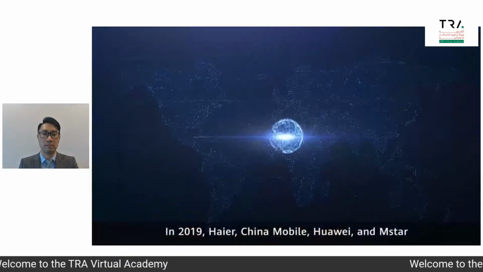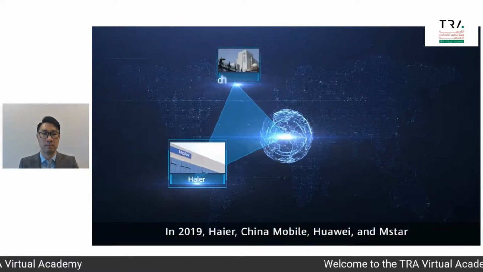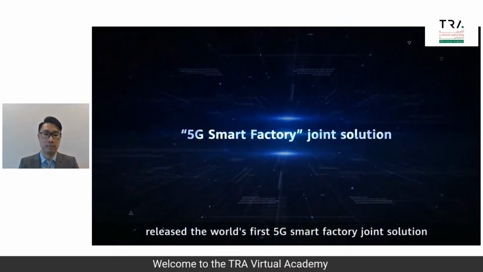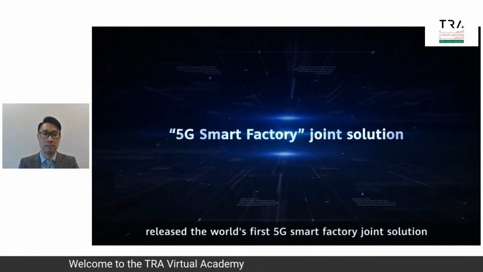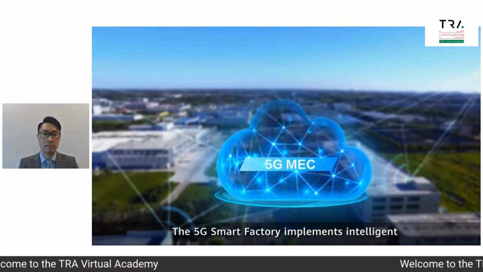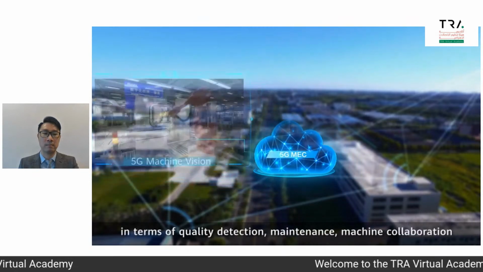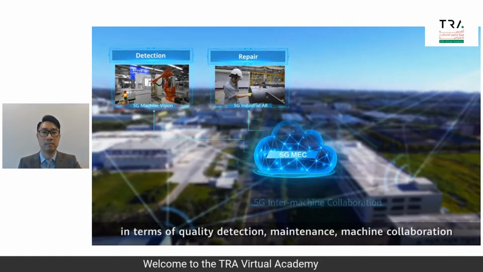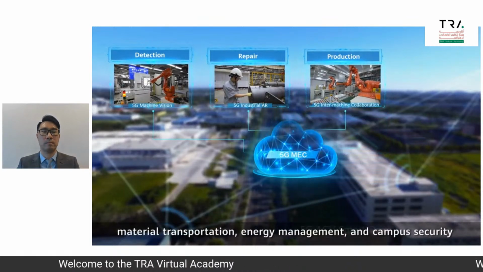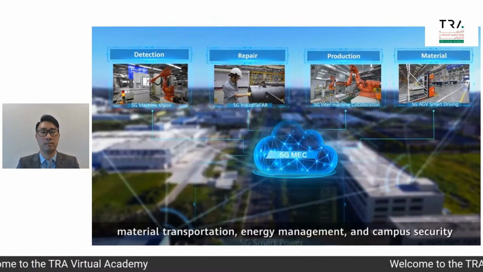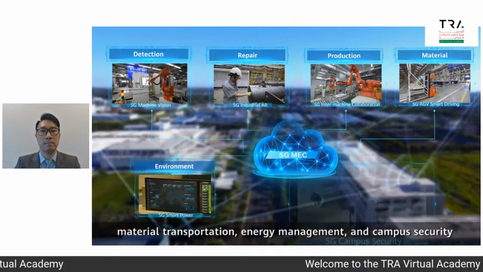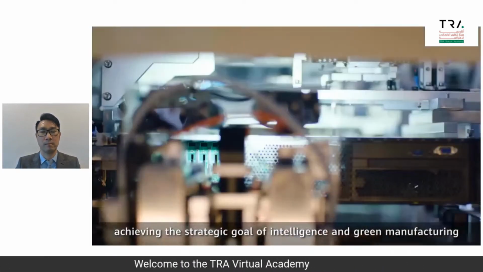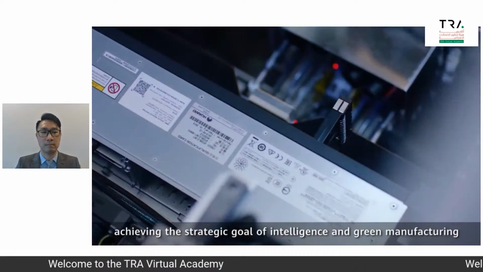In 2019, Haier, China Mobile, Huawei, and Midea released the world's first 5G Smart Factory joint solution. The 5G Smart Factory implements intelligence in terms of quality detection, maintenance, machine collaboration, material transportation, energy management, and campus security, achieving the strategic goal of intelligence and green manufacturing.